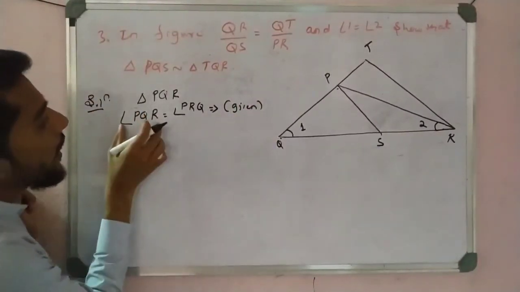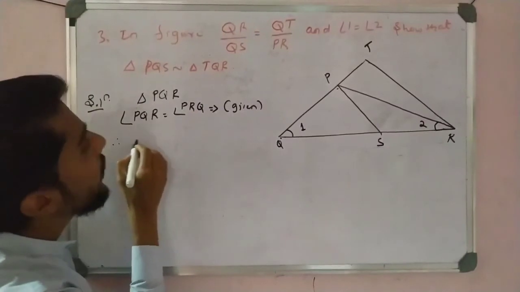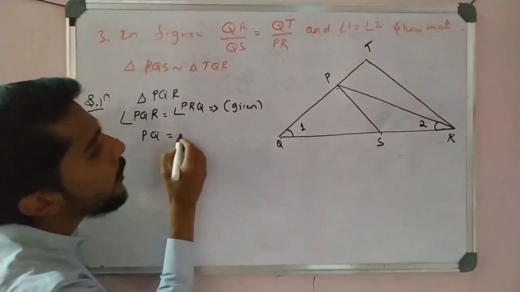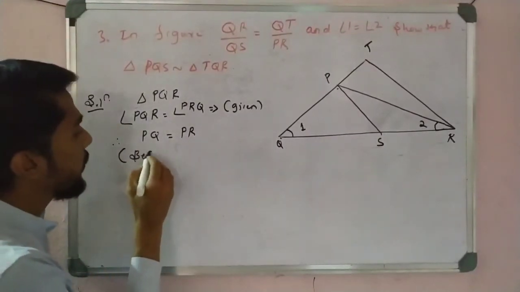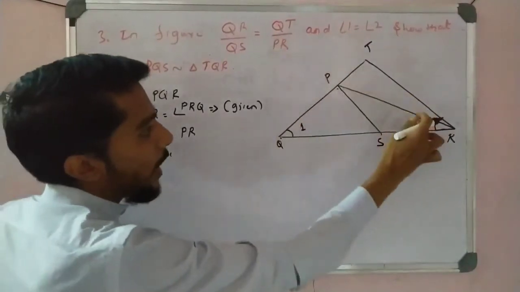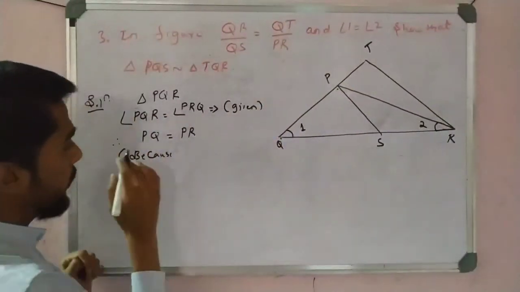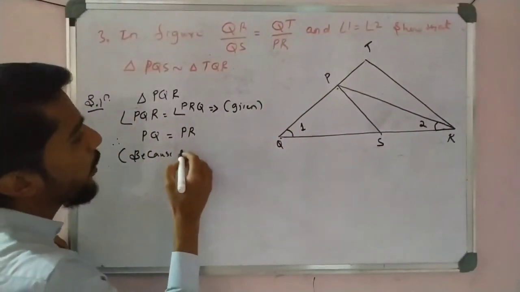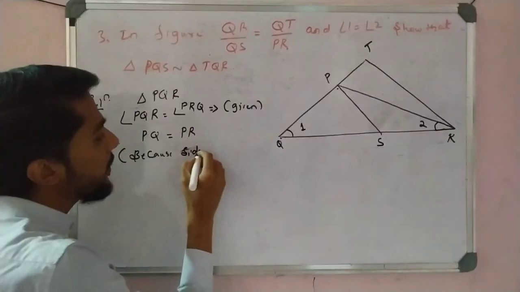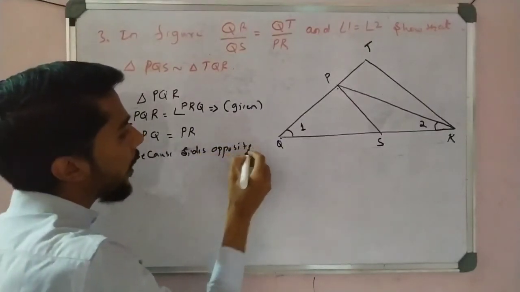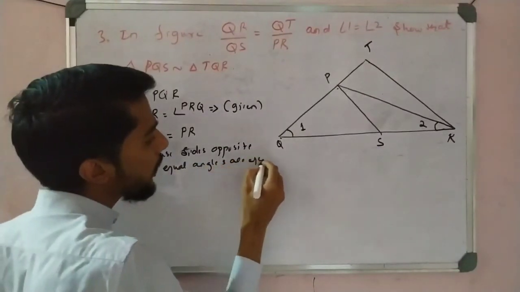Now if angle PQR is equal to angle PRQ, then PQ side is equal to PR side, correct? Why? Because these are the sides opposite to equal angles, so it is an isosceles triangle. Sides opposite to equal angles are equal.